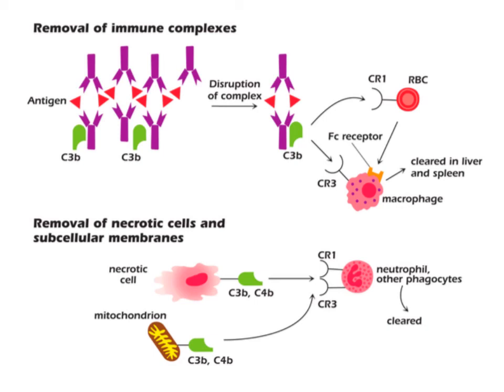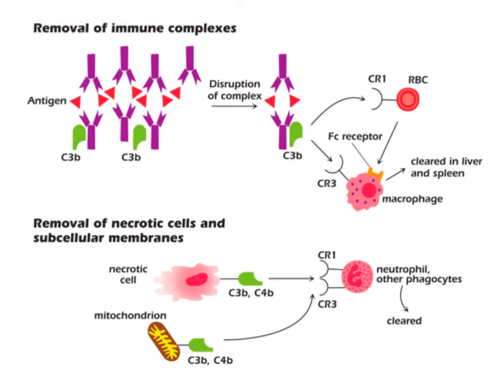So you can see that one very important function, even in disease or without a disease, is that they will clear off antigen antibody complexes, and they will remove necrotic cells and subcellular membranes or portions of membranes which need to be removed from our body.